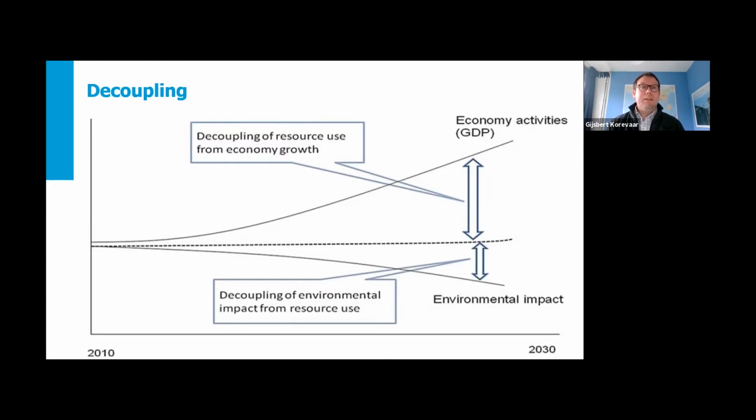However, if we do that correctly, and if we use the tools for circular economy and industrial ecology, we can decouple that economic activity from the environmental impact. That's the idea of decoupling. So we like to decouple that economic activity, economic growth, from the immediate rise in environmental impact.